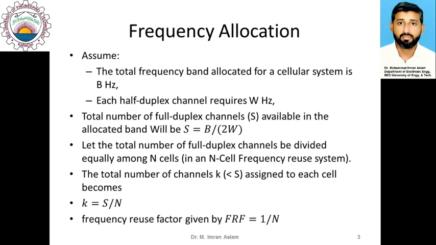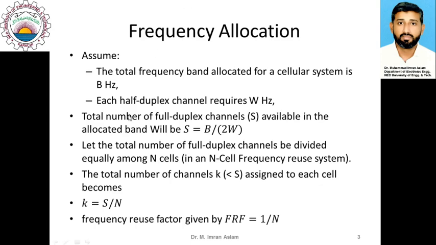Of course, we have to divide the total band B into smaller channels, and we need to have duplex communication in a wireless system. So each user would be required to have two channels.